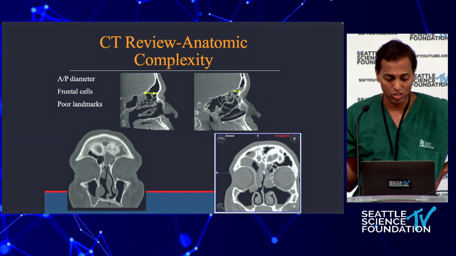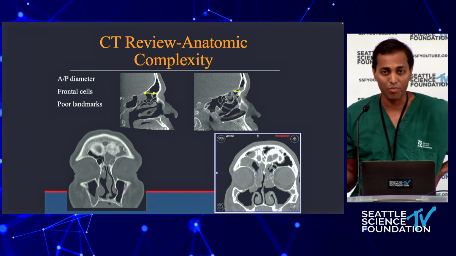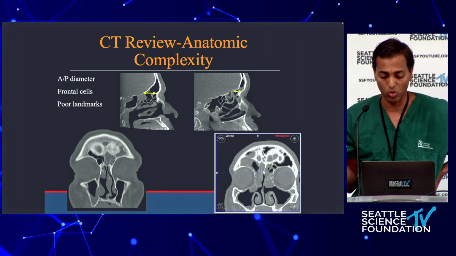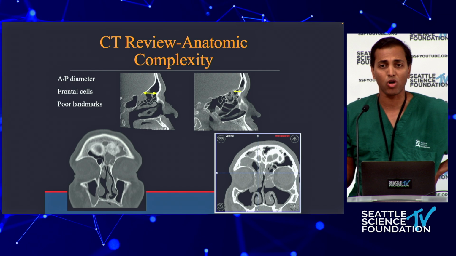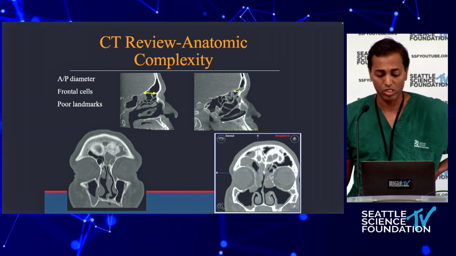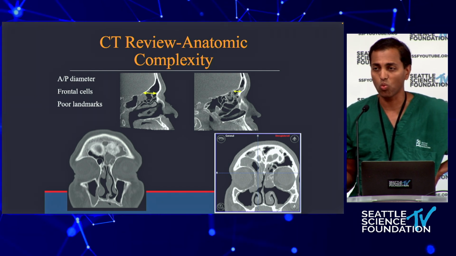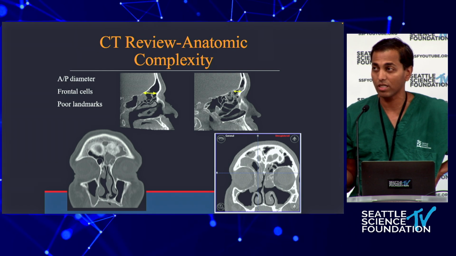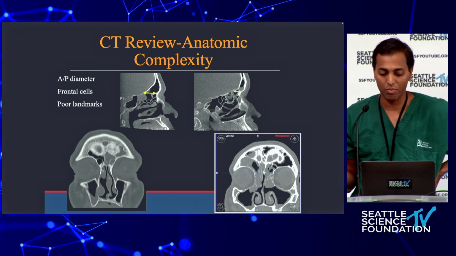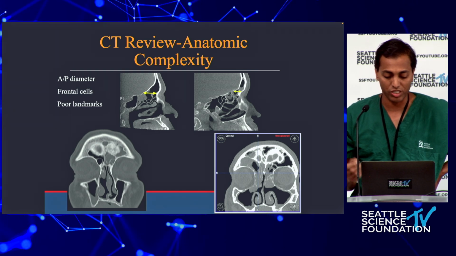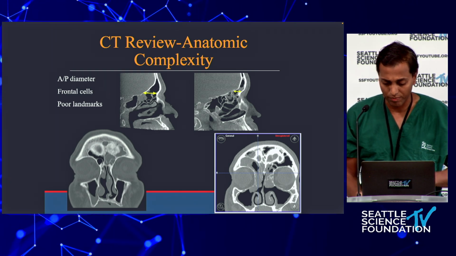Secondly, and we're going to talk about this in some other examples, is the frontal cells. How many cells do you have up there? What exactly is going on with those cells? And then finally, landmarks. If this is a primary case, you're likely going to have good landmarks. But if it's not a primary case, how much of the turbinates do you have left? What type of anatomy has been altered from a surgical standpoint? So think of those three big picture items.